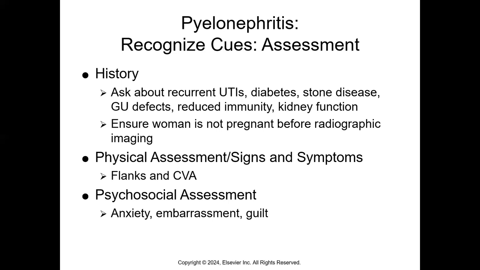Anything that pertains to urine, people tend to get embarrassment and guilt about. Also need to check about diabetes, because the sweetness of the blood can actually feed the bacteria and contribute to the difficulty in clearing these infections.